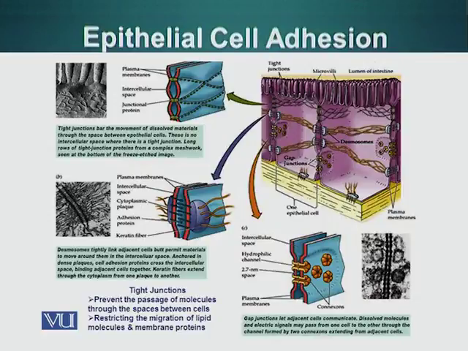Now let's look at a special type of cells, epithelial cells, and let's look at the organization of these cells and how these cells are attached to each other and how these cells communicate with each other. We are going to talk about three types of adhesion molecules in these cells. Tight junctions, as you can see on your screen, are present at the apical region of these cells.